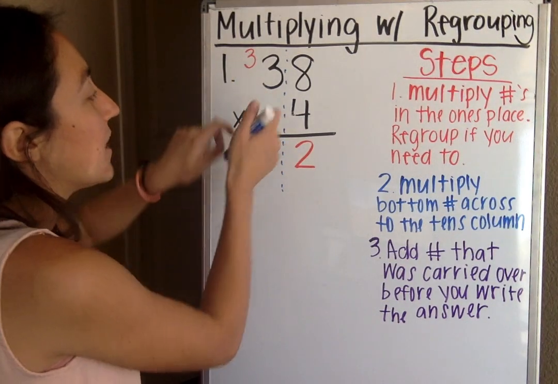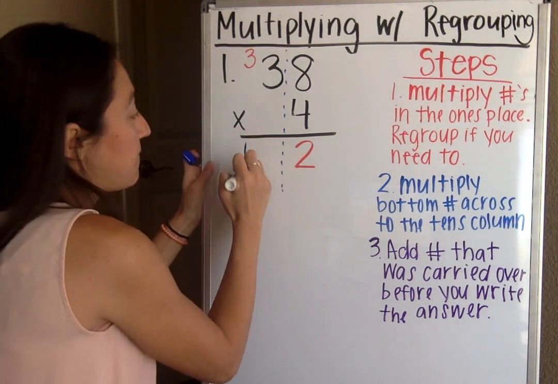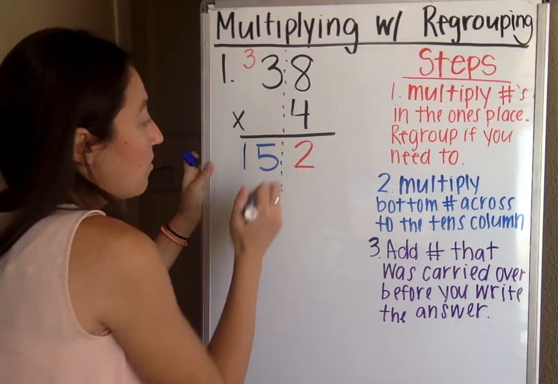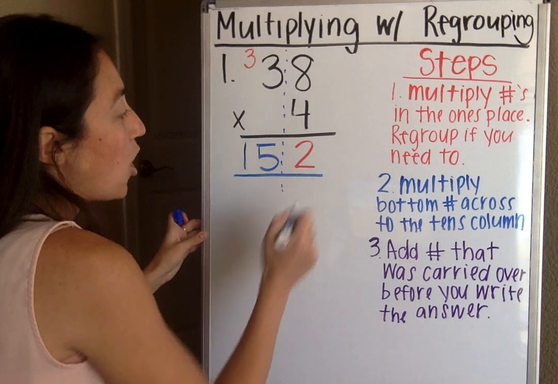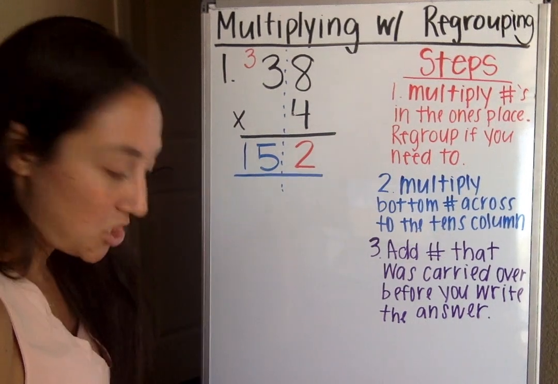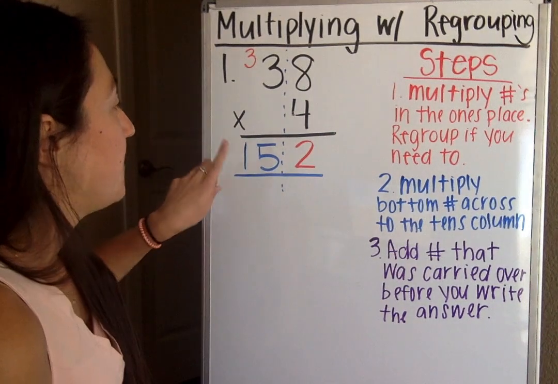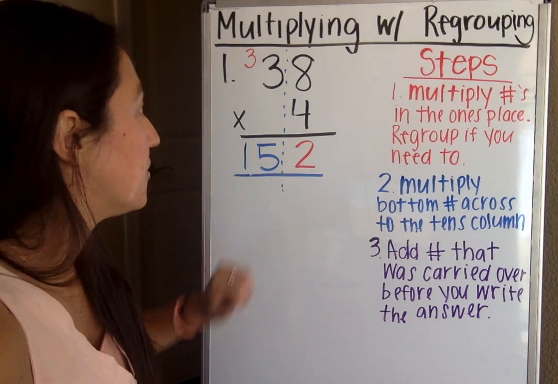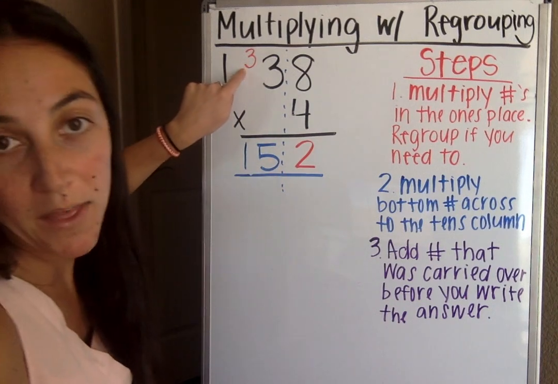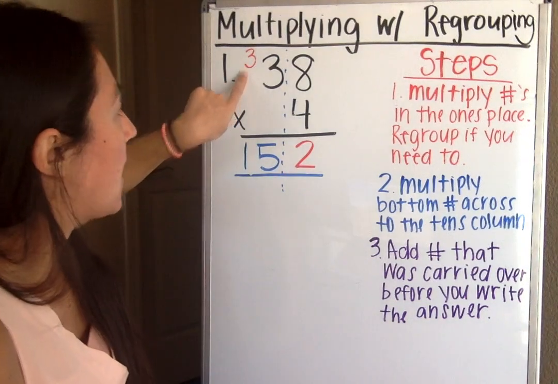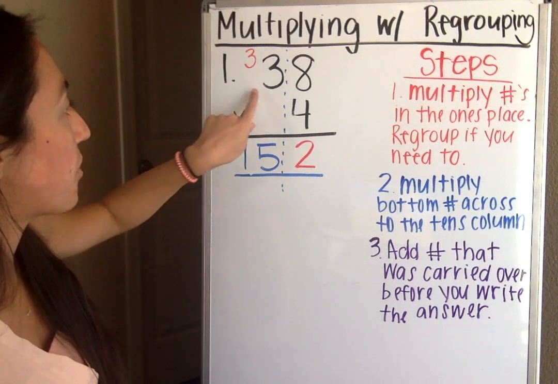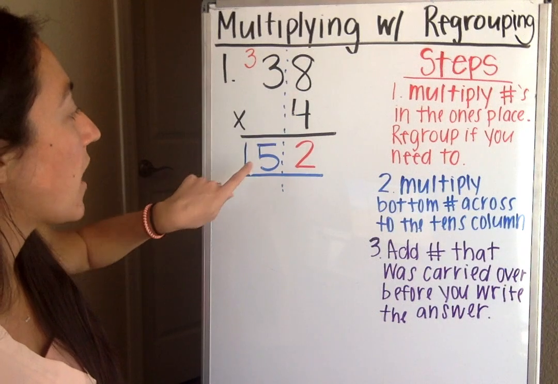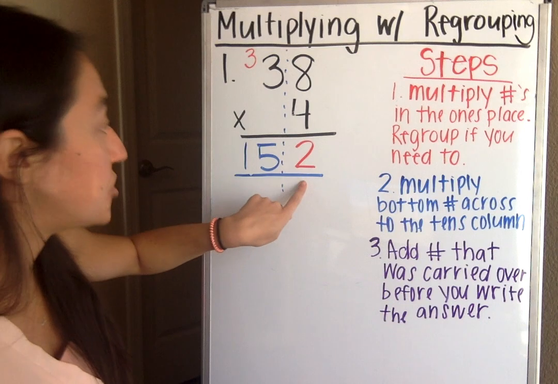So 12 plus 3 is 15. So my answer now becomes 152. Not 12, 2, because you have to add that 3 up here. So 38 times 4 is 152.